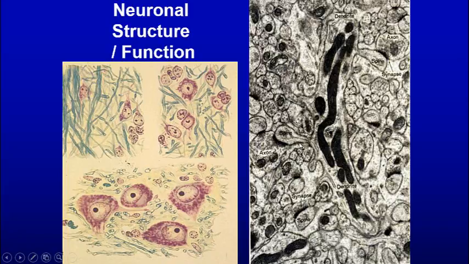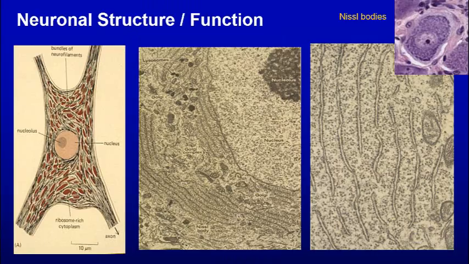Here we see spines of the dendrites projecting in through there, interacting with axons from other cells. Axons of other cells would synapse with the dendrite of this particular cell. And so if we look at Nissl substance, we can see the granularity there. We can see it right here.